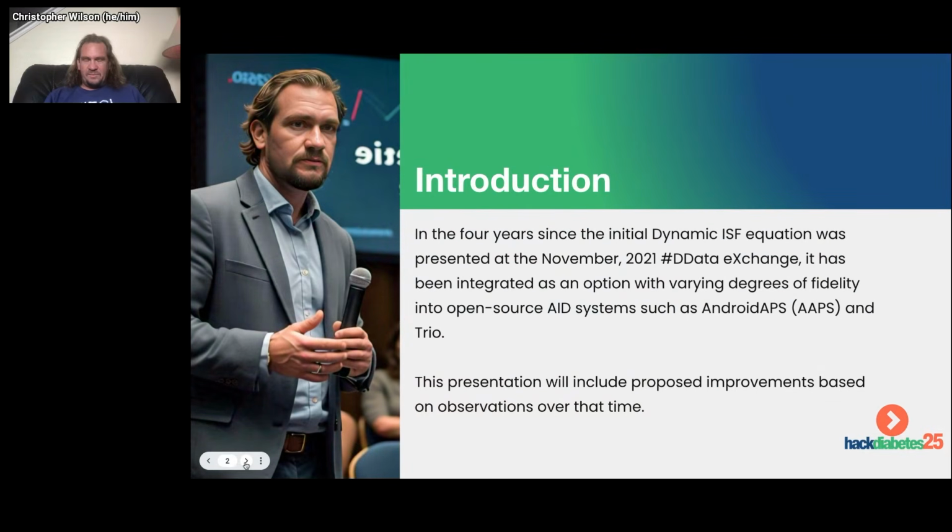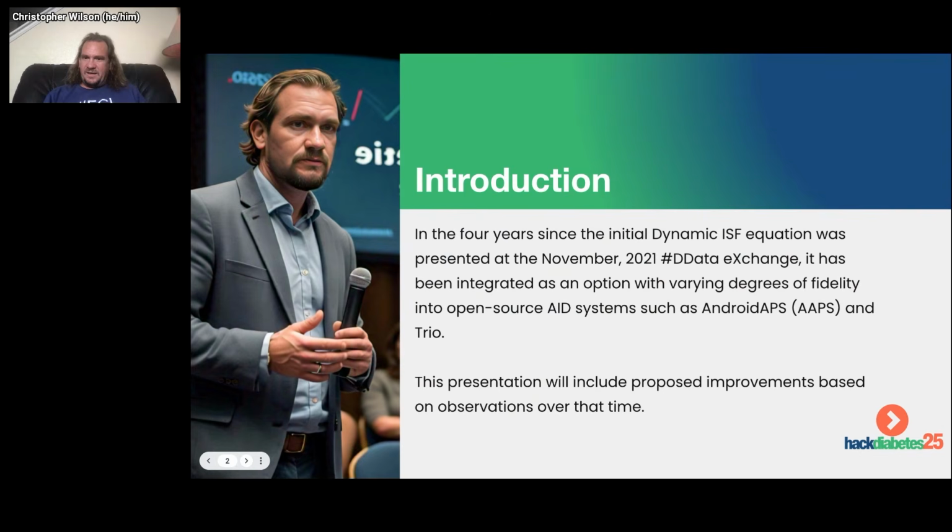I first presented an initial equation for adjusting the ISF in ORF-based systems in November 21 at a D-Data event. It's been integrated into Android APS, IAPS, and Trio, although there's been some variation in how it's been implemented.